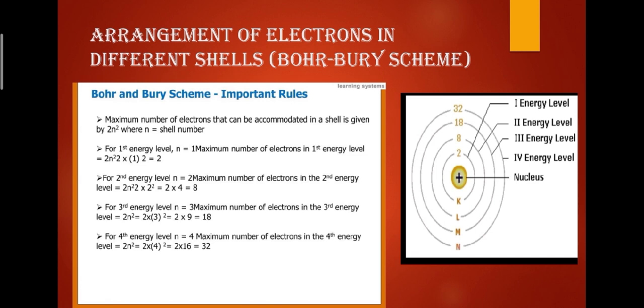The first shell, that is K, can accommodate only 2 electrons. If there are only 2 shells, then the outermost shell will have a maximum of 8 electrons. But if all the shells were there, then a maximum of 32 electrons can be accommodated by the 4th energy level.